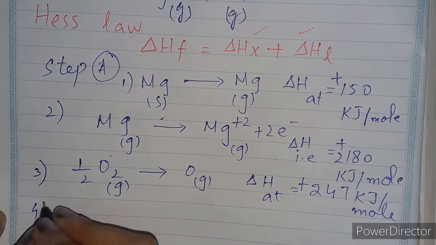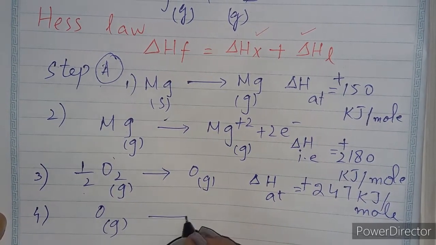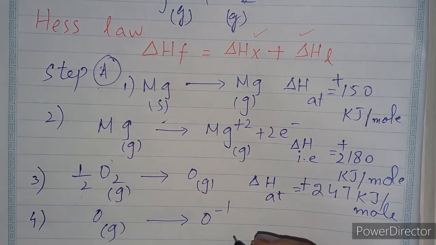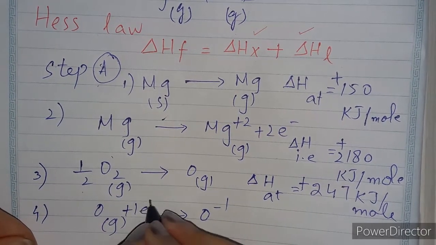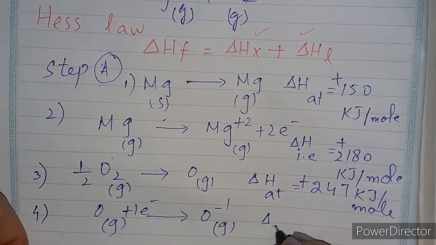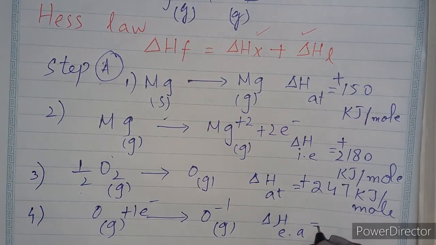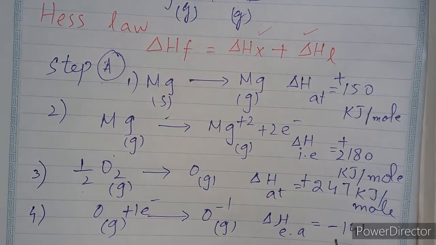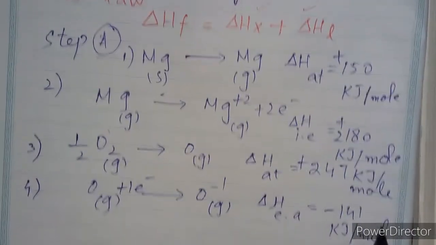Then fourth, oxygen in the form of gas converts into O-1 ion by gaining an electron. Here the enthalpy of electron affinity is -141 kilojoule per mole.